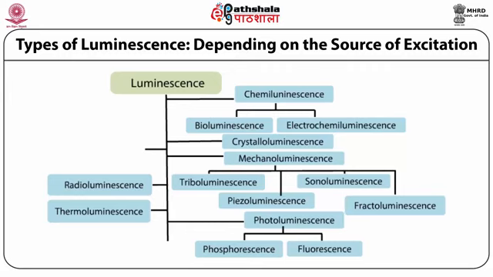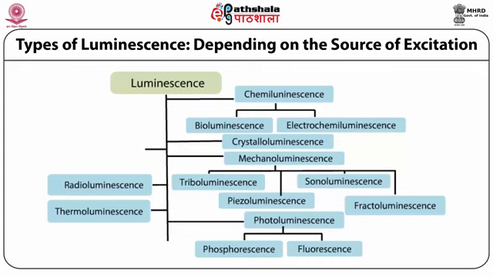First is chemiluminescence, which is a result of chemical reactions. It includes bioluminescence, where luminescence is produced during a biological reaction by a living organism. Second is electrochemiluminescence, where the luminescence is produced during electrochemical reactions.